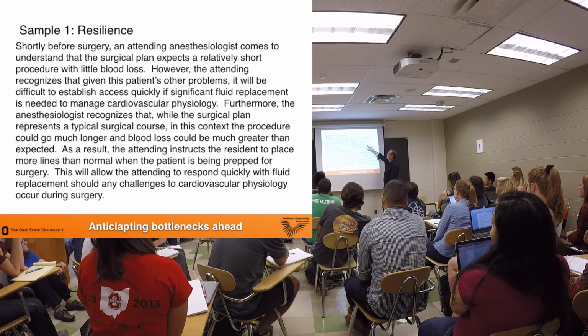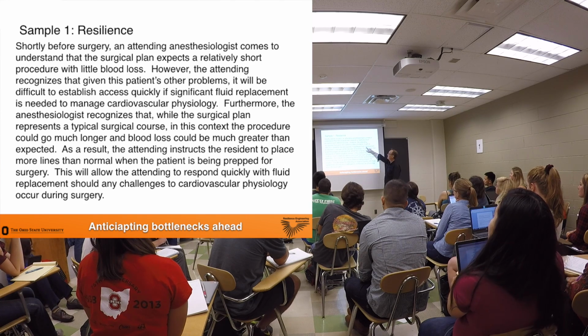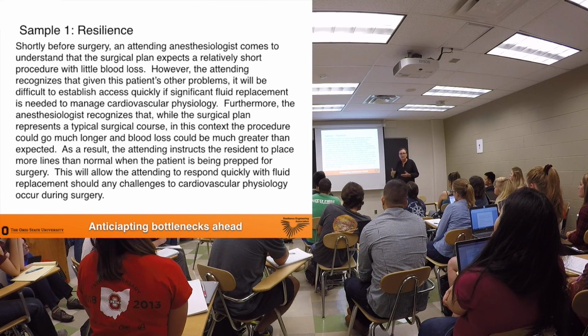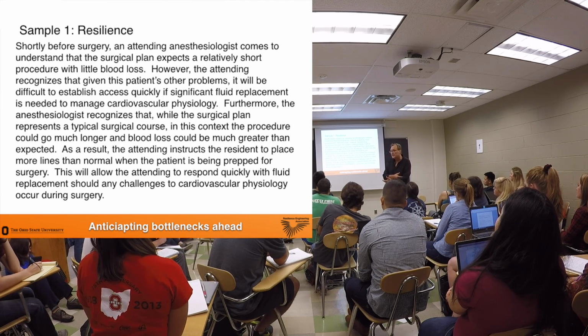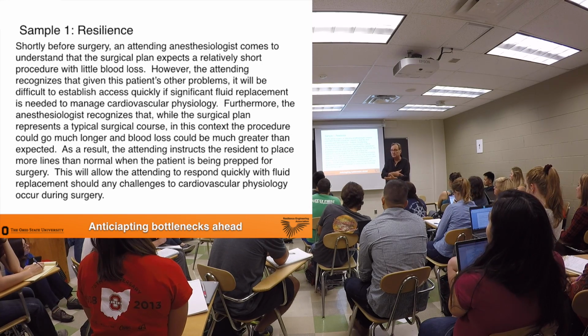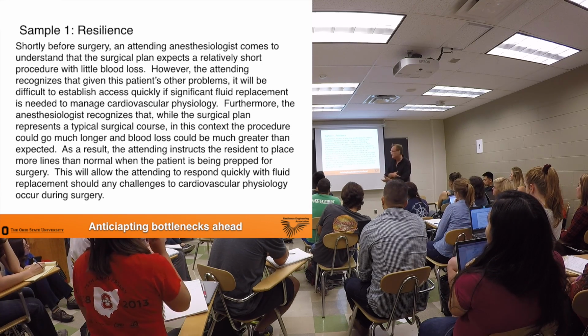However, the attending recognizes that it will be difficult to establish access quickly for this person in their context. An example might be someone who's recovering from burns. So peripheral vascular access is difficult to establish if someone's suffered burns. So if I need vascular access, I can't get it quick, and I might not get it reliably. So in case I need it, I better establish it when I don't have time pressure, right?